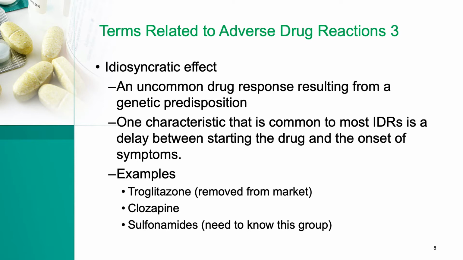Examples of idiosyncratic drug reactions are triglyceride-induced liver failure, often leading to death or liver transplant, clozapine-induced agranulocytosis, which is an essential type of white blood cell that suddenly disappears, making the patient susceptible to infection, and sulfonamide-induced toxic epidural necrolysis, a very severe skin rash, much like a thermal burn, and treated in a burn unit.